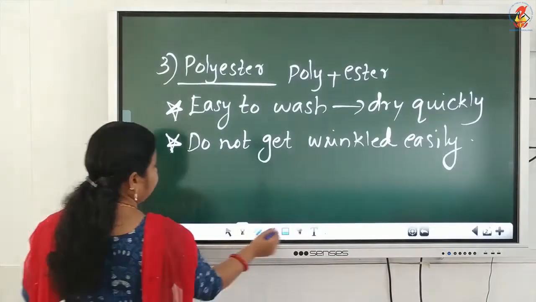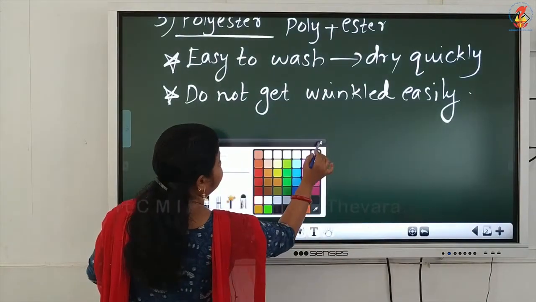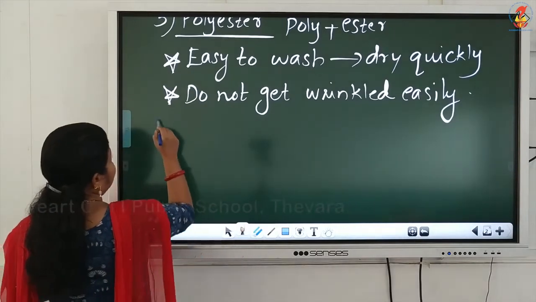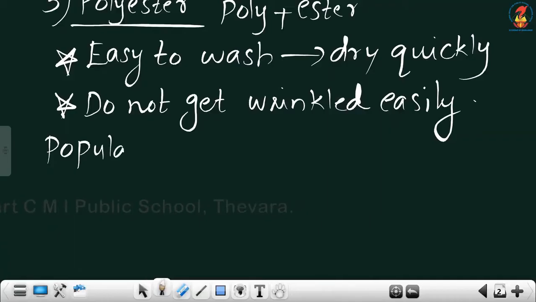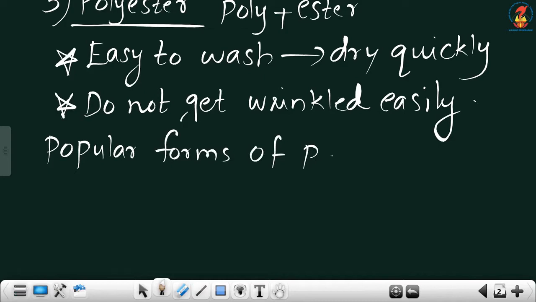Now we have two familiar forms of polyester fibers. Two popular forms of polyester are, first one, terylene.